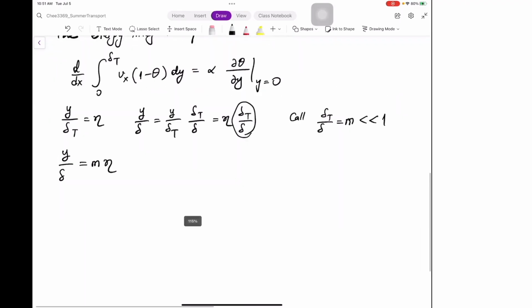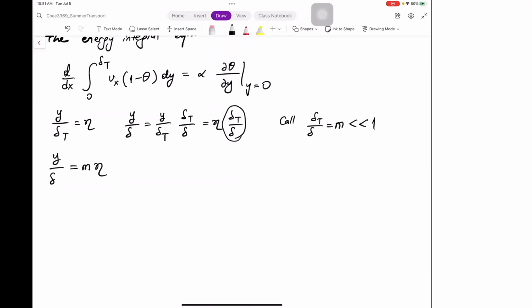So let's see what happened to the integral equation. I want to divide by V infinity and multiply by V infinity.